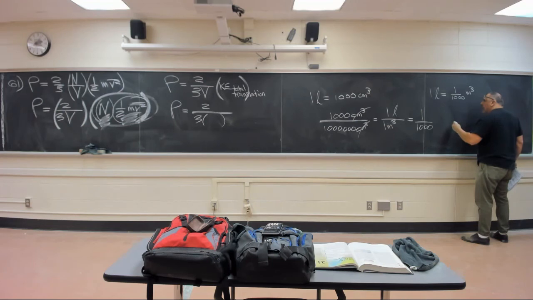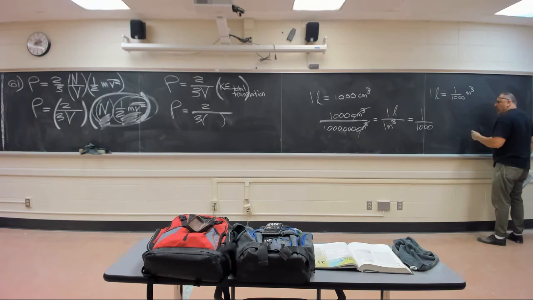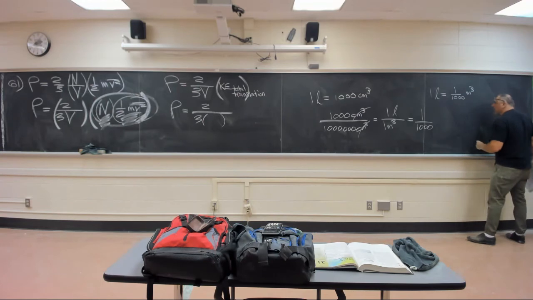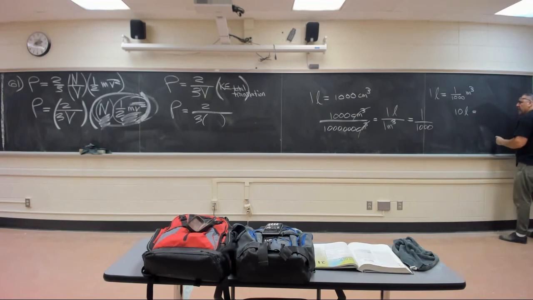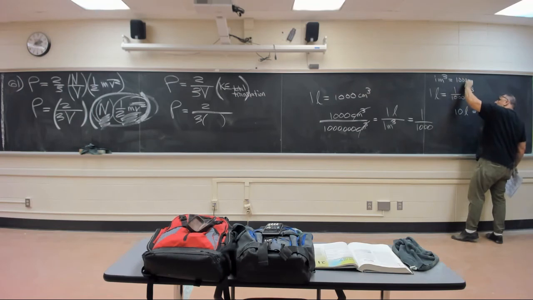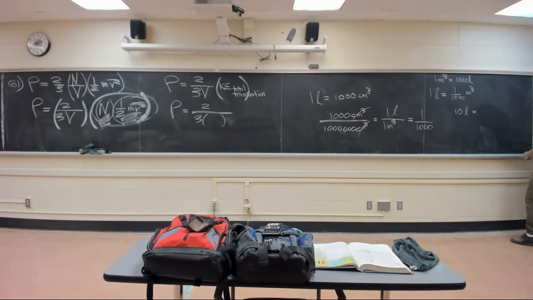Okay. So that's it. 1 liter per 1 cubic meter is a ratio of 1 over 1,000 as far as actual volume. So 10 liters are equal to, the way you can look at it is, if you multiply by 1,000 on each side, you get 1 cubic meter is 1,000 liters. So what are we talking about here, guys?